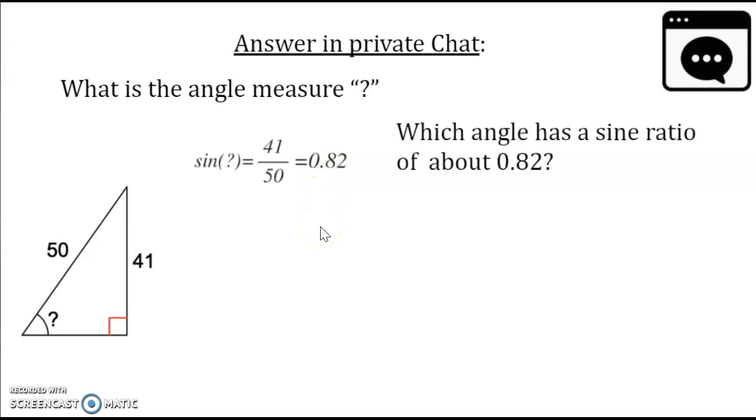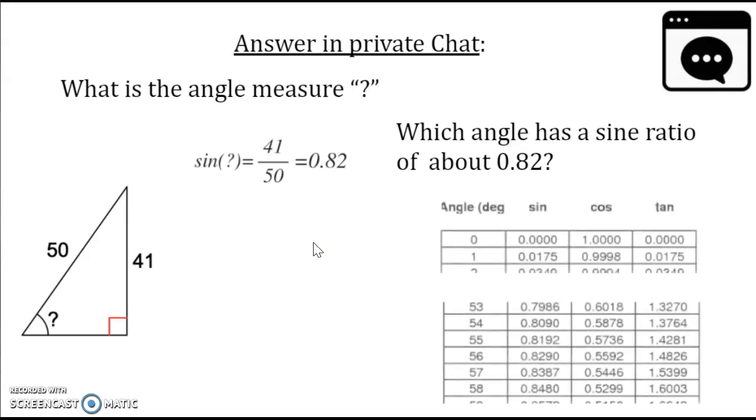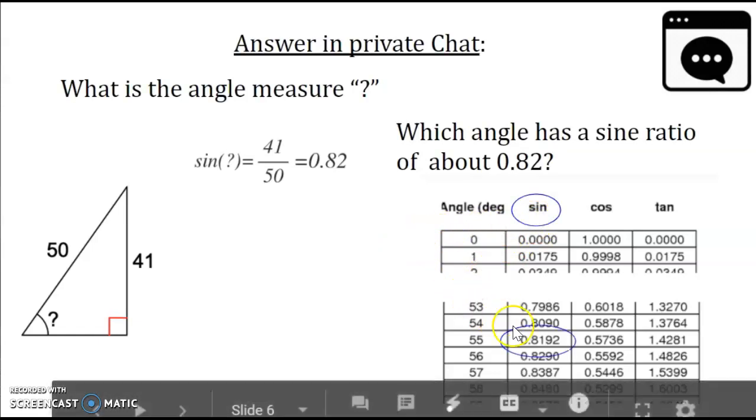So which angle has the sine ratio of about 0.82? So you look at your trig table and you're looking at the sine and you find what is the angle measure that is close to giving the ratio of 0.82, and this is very close, so the angle measure is 55 degrees.